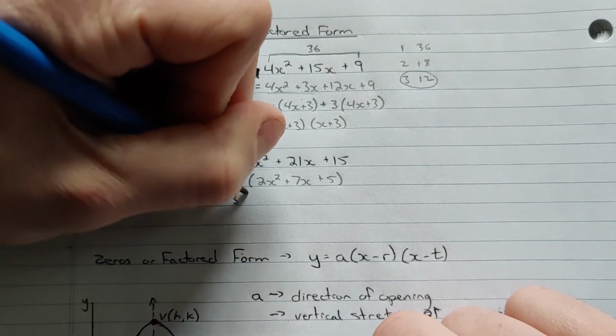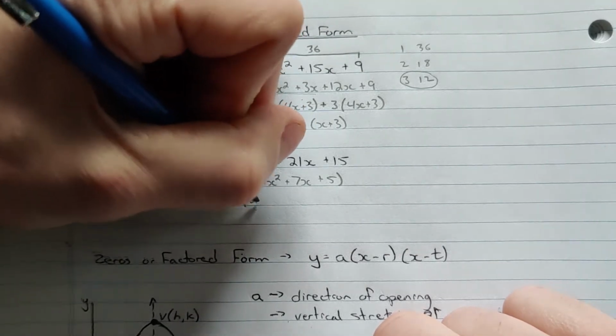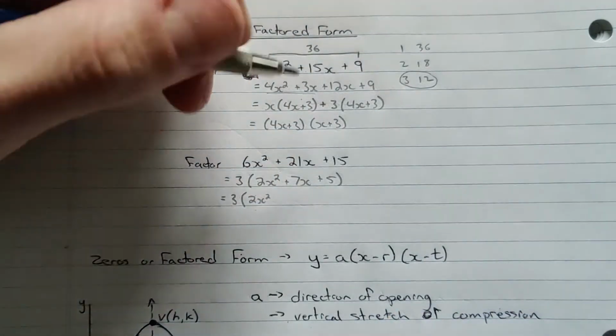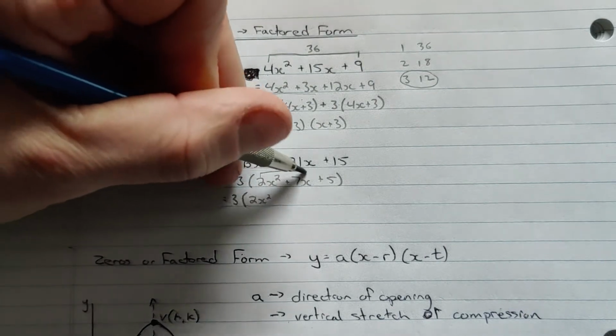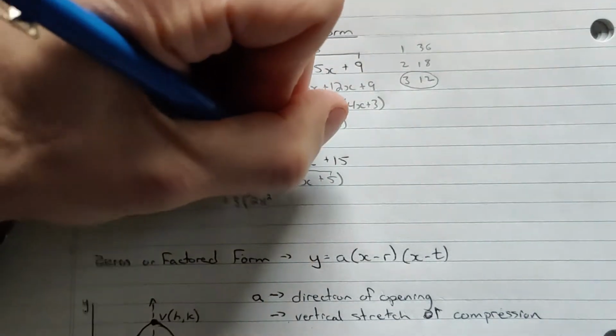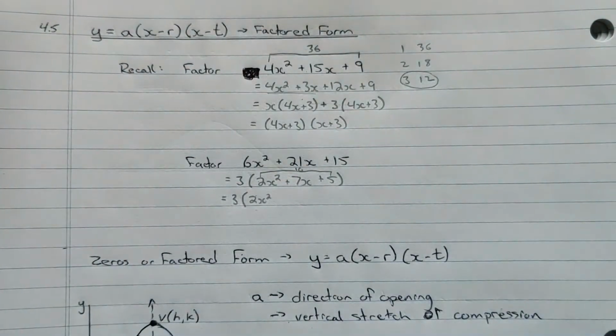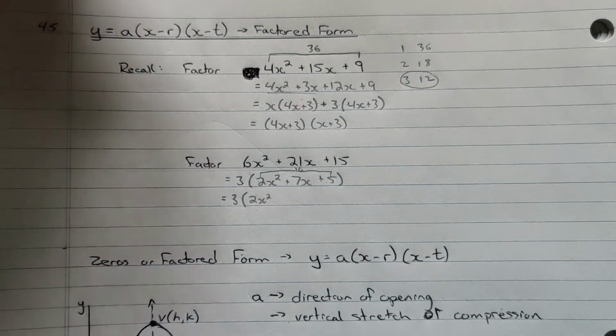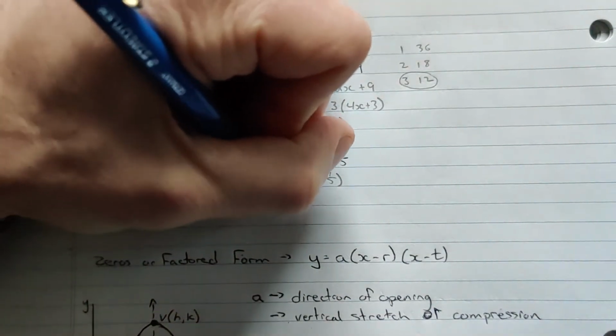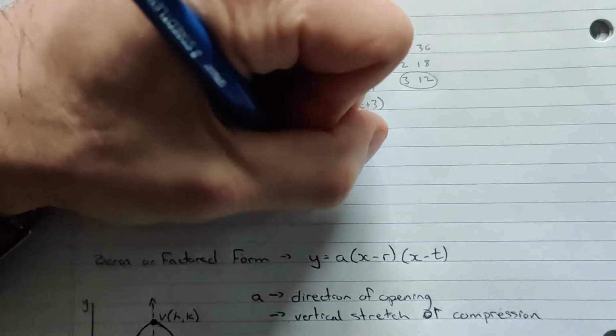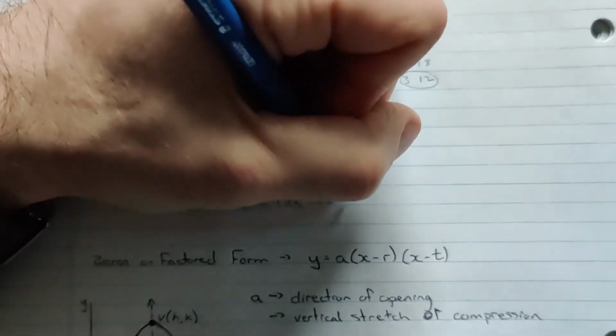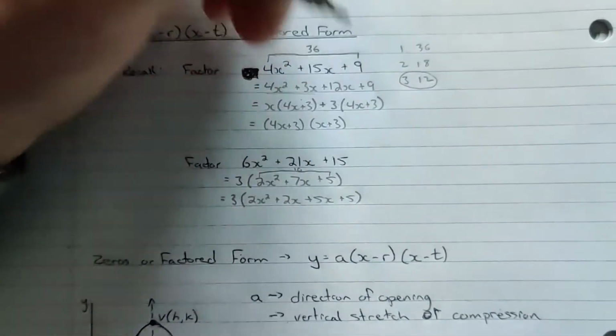So we have our 3 and then 2x squared. Two numbers that multiply to 10 and add to 7 are going to be 2 and 5. So plus 2x plus 5x plus 5.